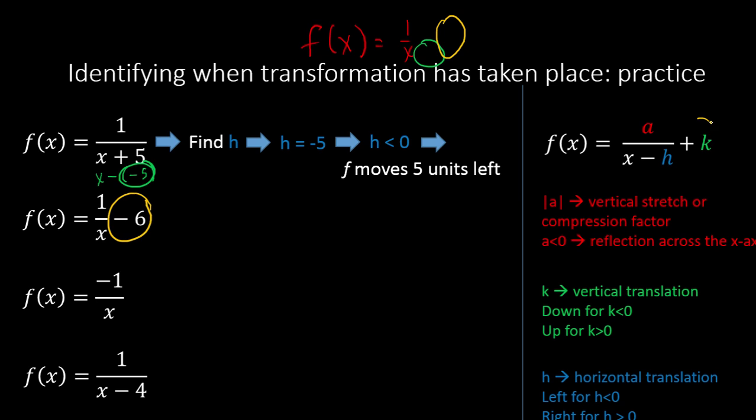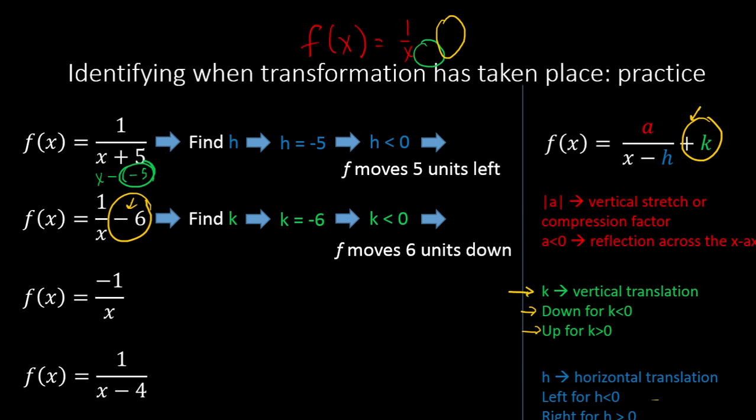Well, looks like k, right? So now I read the key. What happens when I have a k? Well, I move down when k is less than 0, and I move up when k is greater than 0. So what's the value of k? Well, it's negative 6, right? So here I'm adding a k. Here I am subtracting. So k equals negative 6, which means I move downward because k is less than 0. I move downward 6 units.